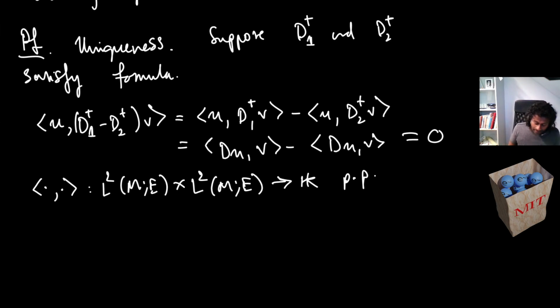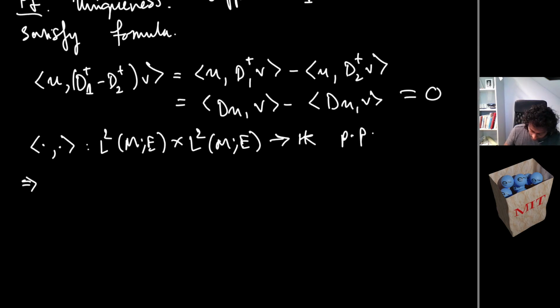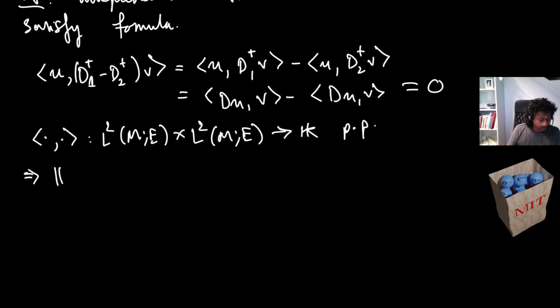So this is a perfect pairing. I could have written this in more succinct notation. So that means that I can write the difference between these two operators, D1 minus D2 of V, as what?